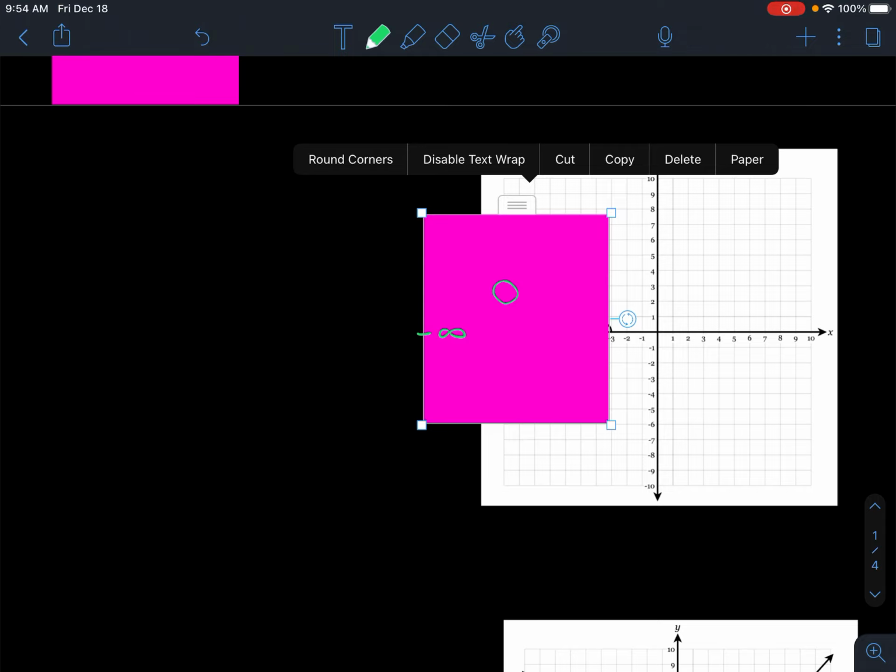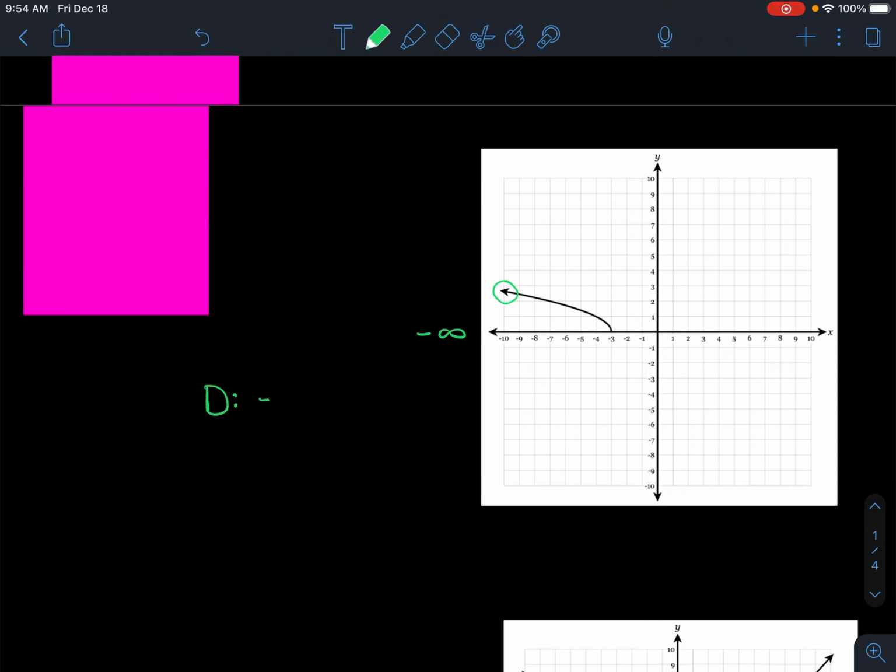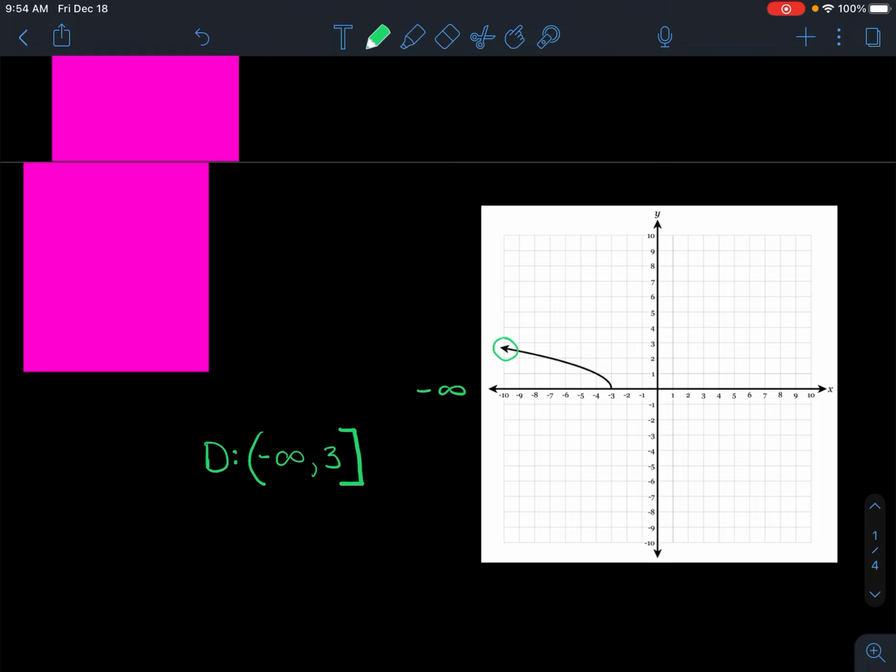Now, it actually hits 3. So my domain is going to be from negative infinity to 3. Again, a curved bracket around the infinity, but this function actually includes 3. So it's going to be a square bracket. Okay.